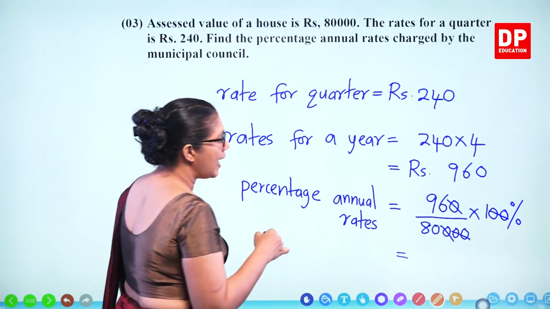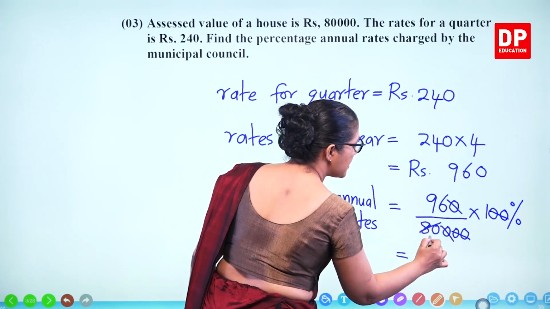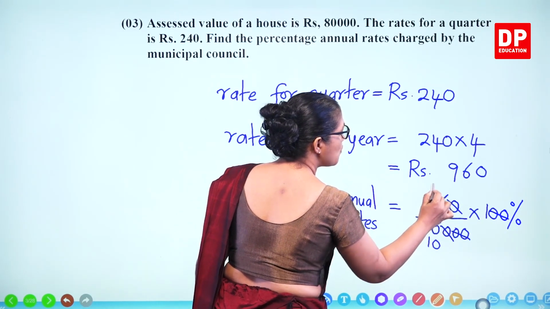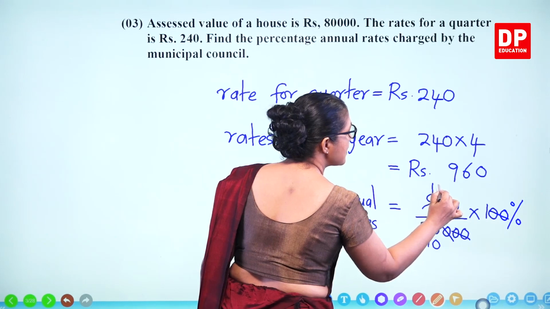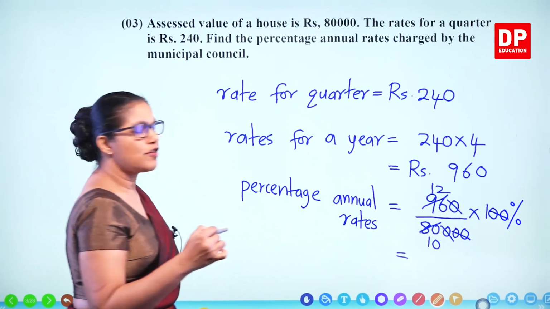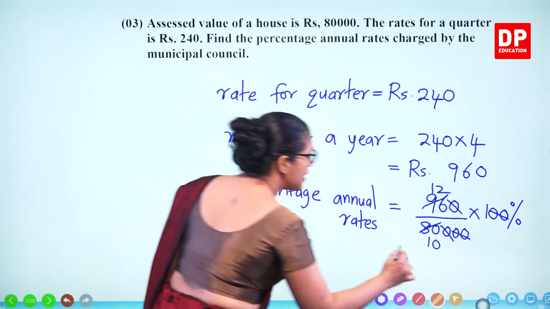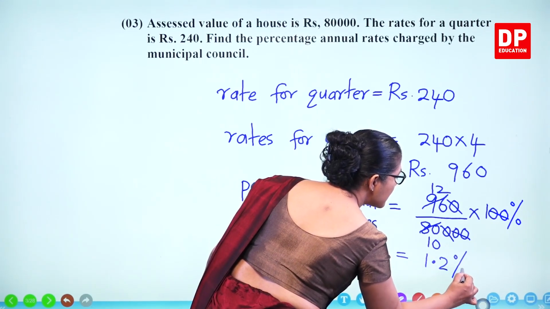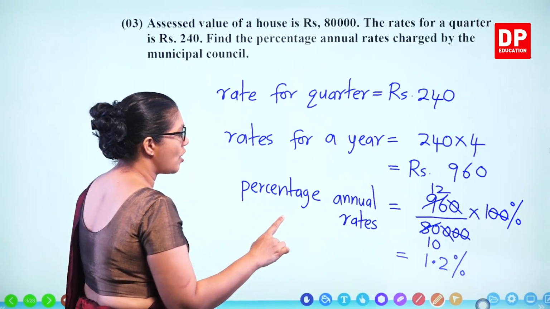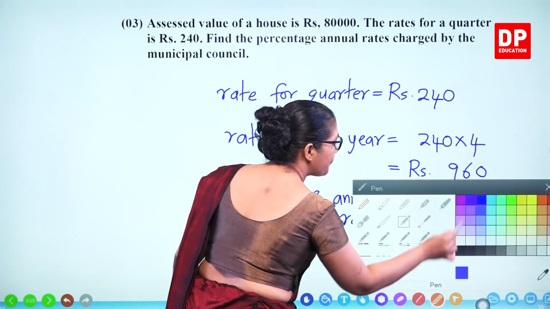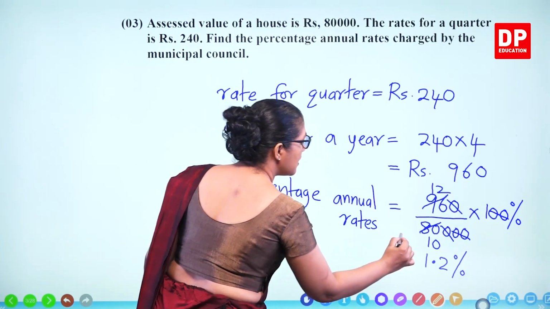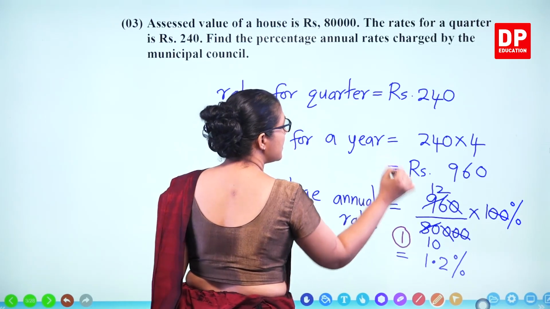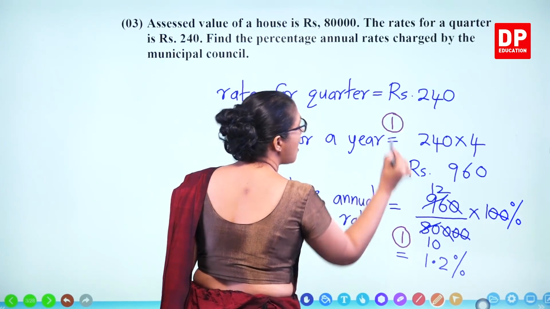Now 8 times 1 is 8, and for 16 that's 2, so 12 divided by 10, you get 1.2%. That is the percentage annual rates. So 2 marks, 1 mark for the method and 1 mark for the answer.